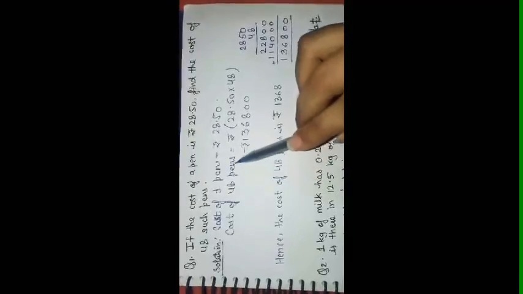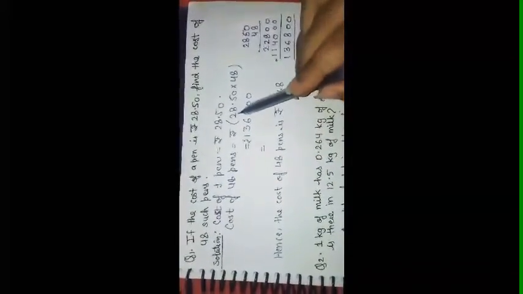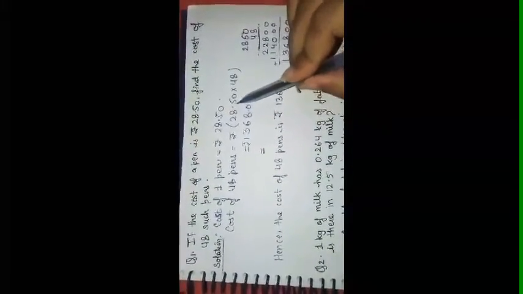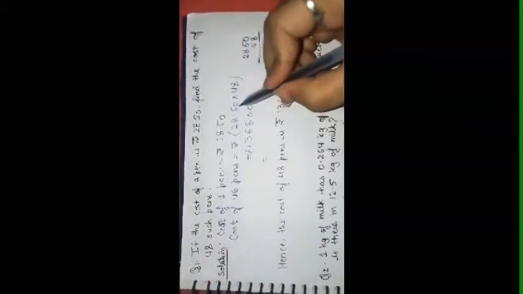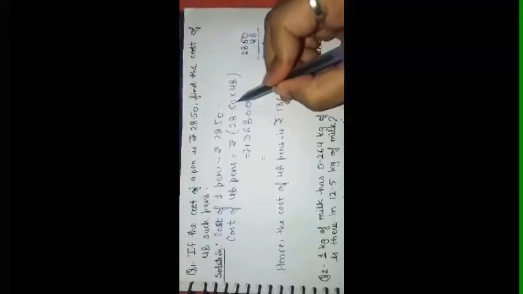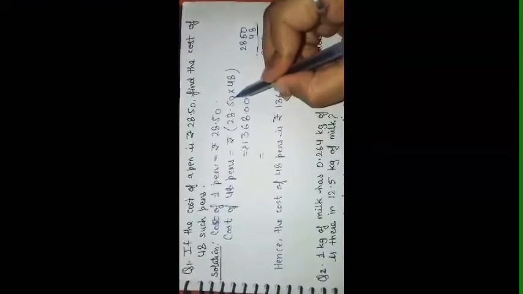For the cost of 48 pens, multiply 28.50 into 48, and the product is 1,36,800.